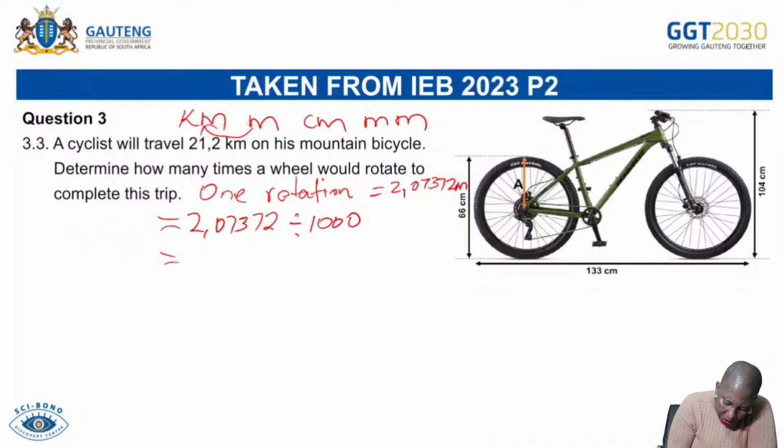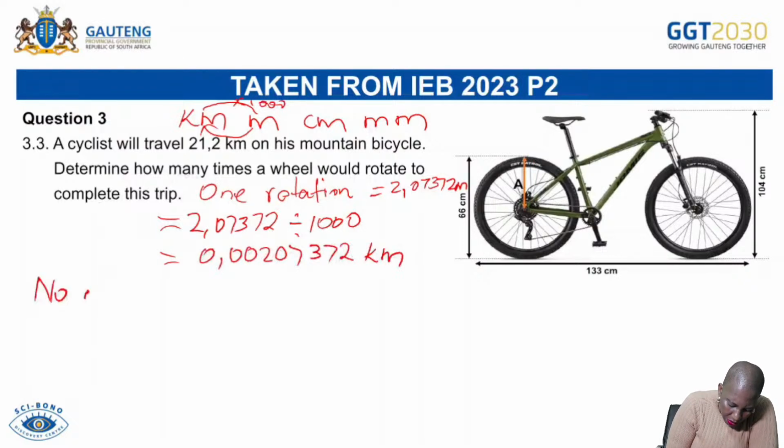Because from meters to kilometers we have to divide by 1,000, since from kilometers we multiply by 1,000. And then here we divide the answer by 1,000. We get our answer to be 0,0020772 kilometers.